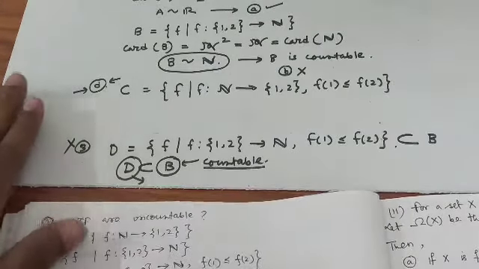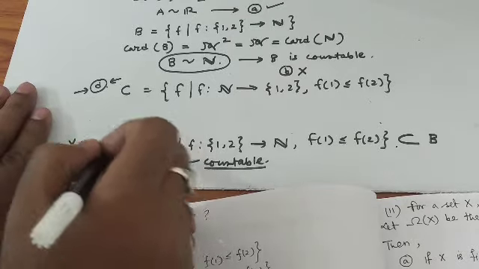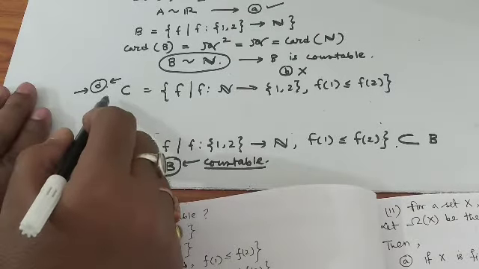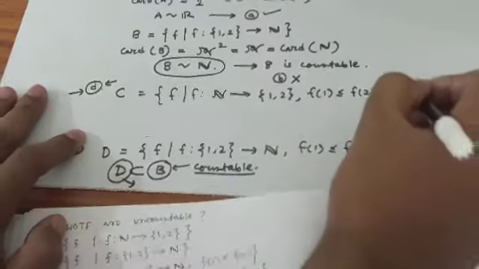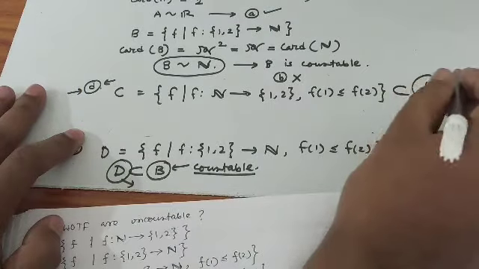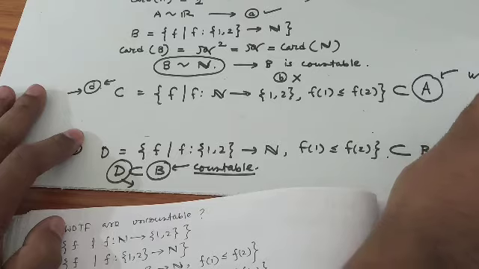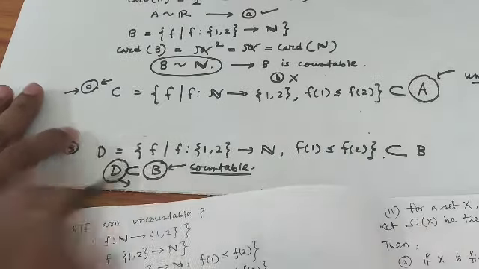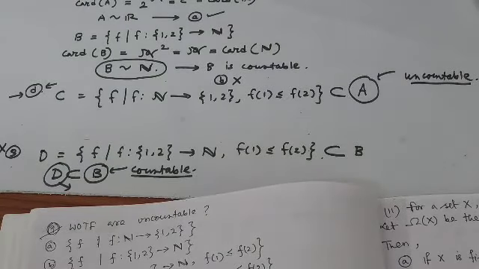Fine. Now consider the fourth one. If you consider this fourth one, it is in fact a subset of the first set A, but A was an uncountable set. A was an uncountable set. So a subset of an uncountable set may be countable, it may be countably infinite, it may be a finite set, it may be an uncountable set.